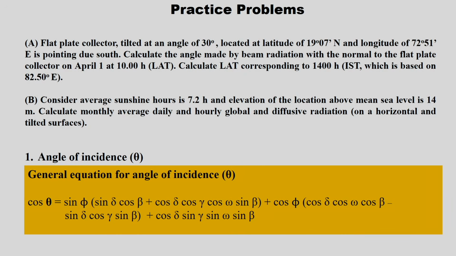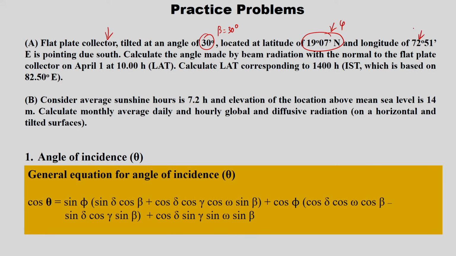So, the problem we are going to consider today is the flat plate collector, which is tilted at an angle of 30 degree, which is nothing but beta is 30 degree, located at a latitude of 19 degree 7 minutes in the north, which is phi, and longitude of 72 degree 51 minutes in the east.